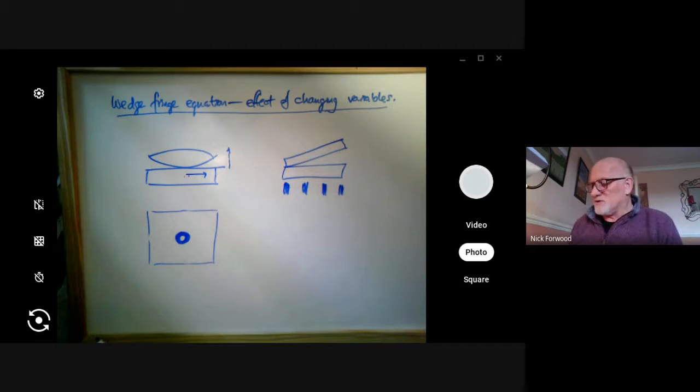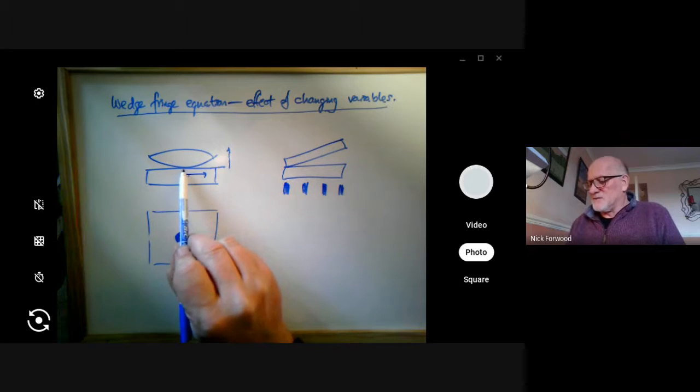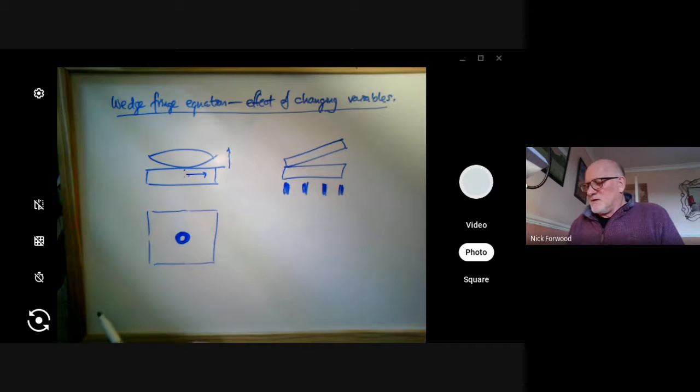So not only do the rings change their thickness, they're thicker in the center, the spacing actually changes, and as you get further away, the spacing becomes, let's get this right. I've really got to think hard about this. In fact, I drew this earlier and I've lost the plot completely here.